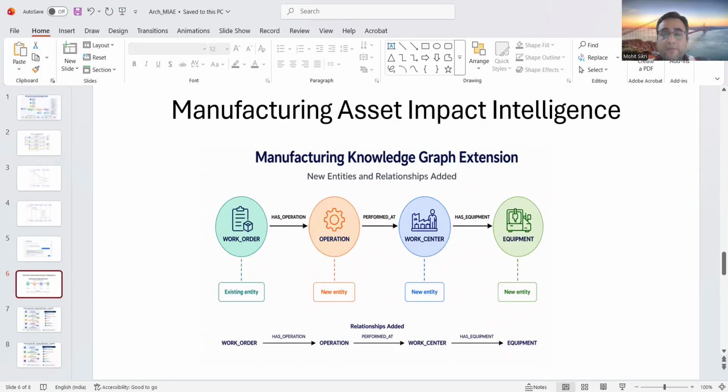If a critical machine becomes unavailable, the platform can immediately identify the affected work orders, products, deliveries, and customers. So it provides dependency analysis between manufacturing assets and business entities.